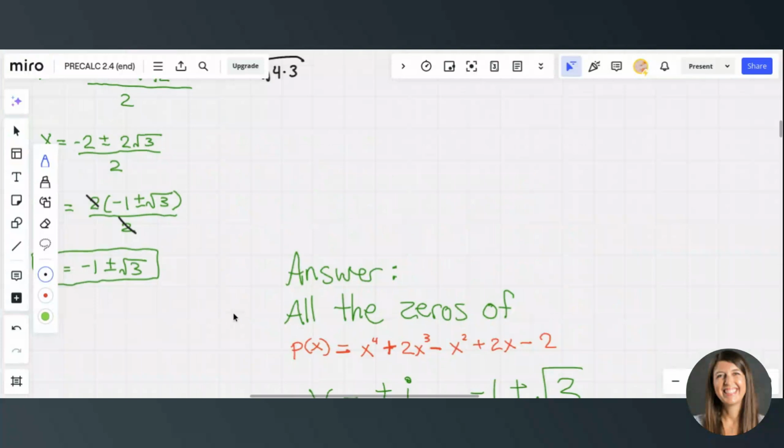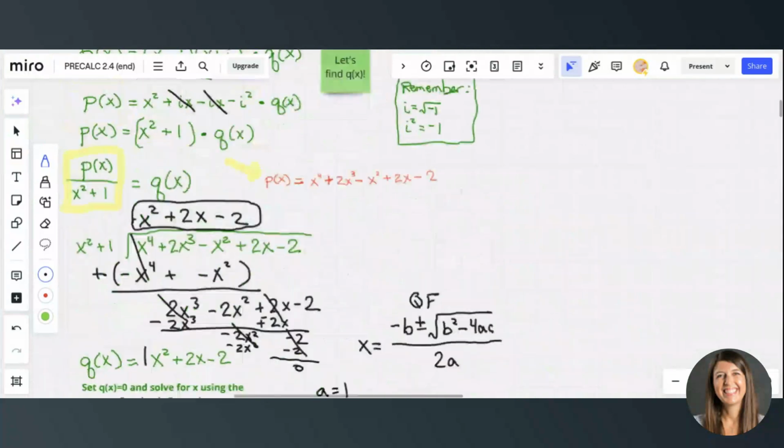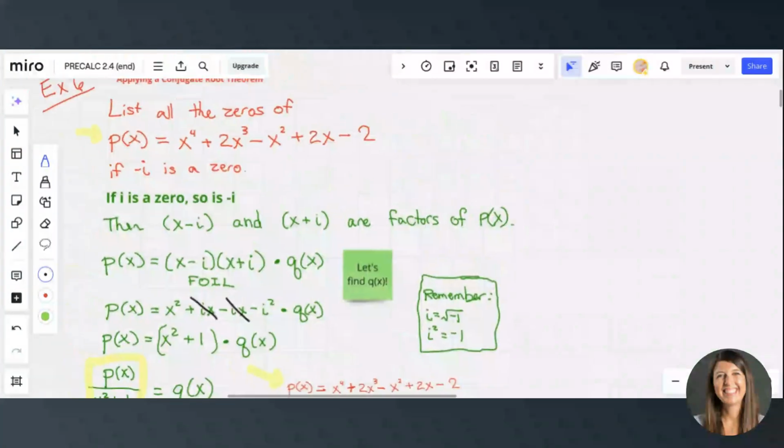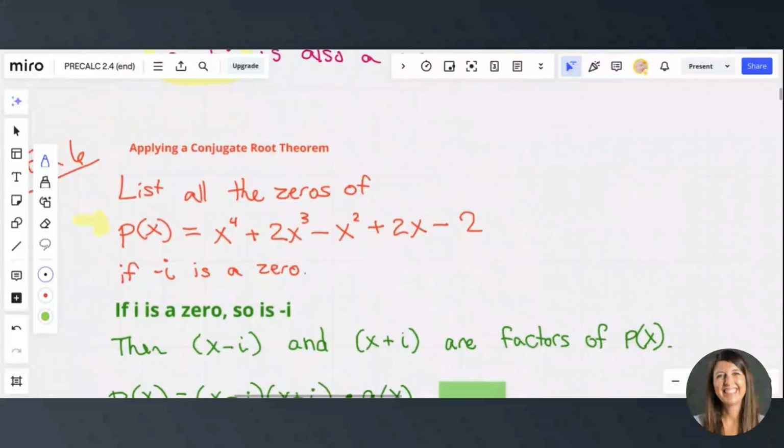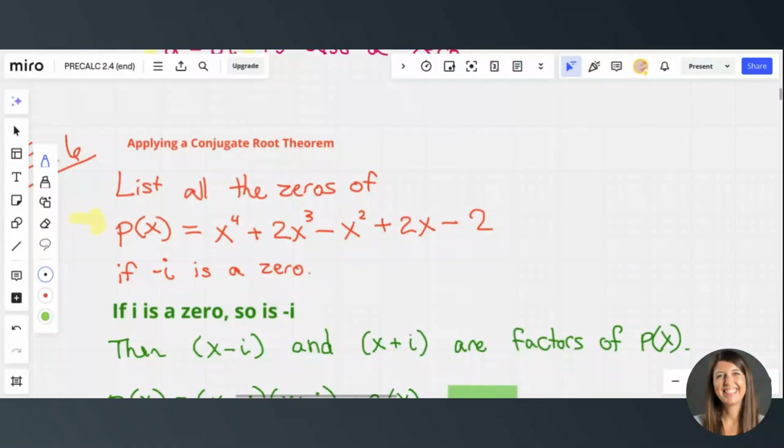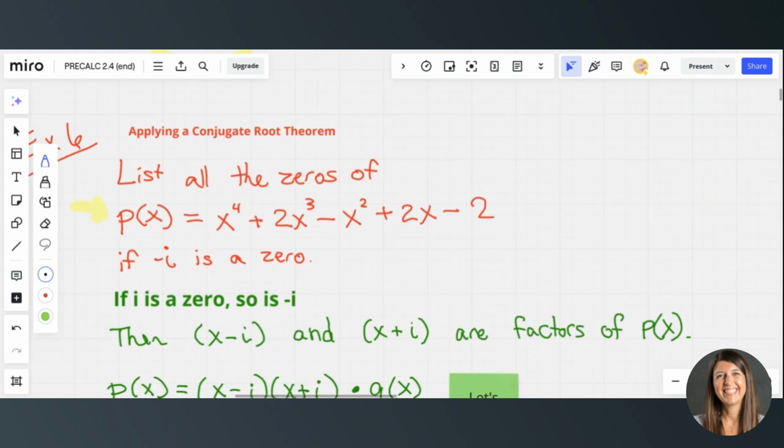So the answer to this problem is, all right, let's remind ourselves what this problem was, because it was a lot of things. So it wanted us to apply the conjugate root theorem, right, and list all the zeros. It wants us to find all the roots of p of x if negative i is a 0. So by applying the conjugate root theorem, we're saying, well, if i is a 0, so is negative i. And then we can get our factors, x minus i and x plus i.